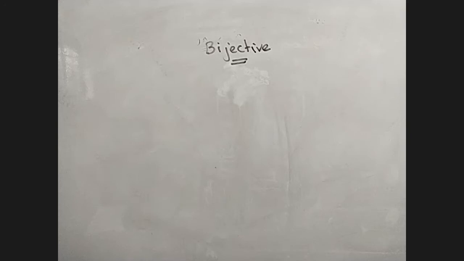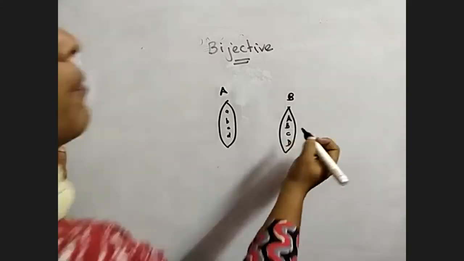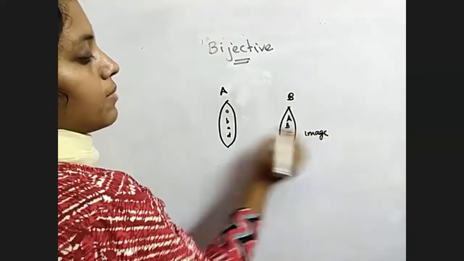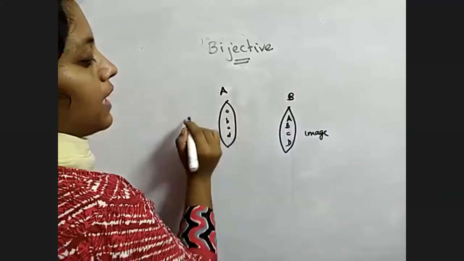Onto means, see, we are having A and B, no? Here we call this the image, and this is the pre-image.